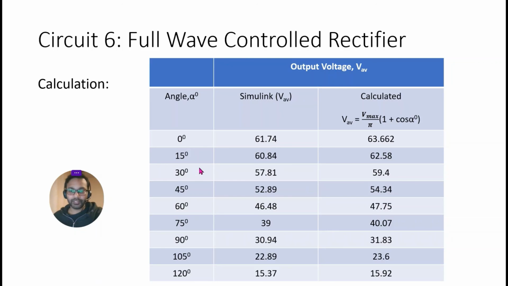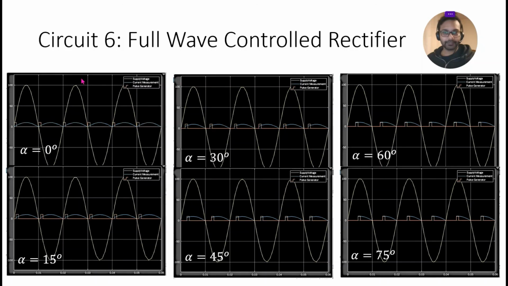So I have already calculated it for all the different firing angles, and as you can see, there is a slight difference. So the calculated value is slightly higher. The reason for that I have already explained in the previous video. So it's mainly because of the thyristor.